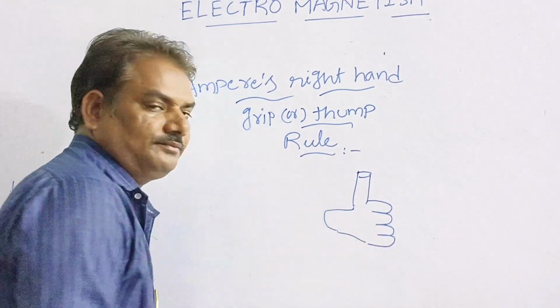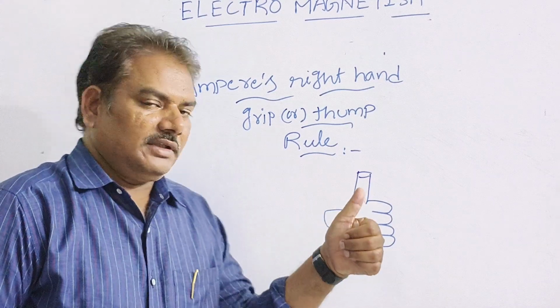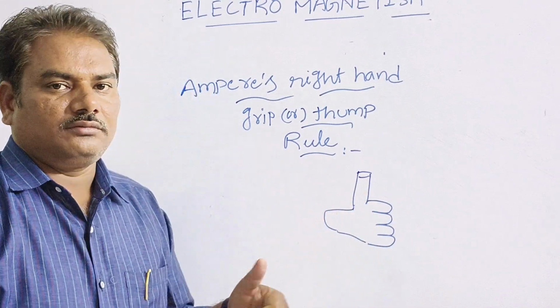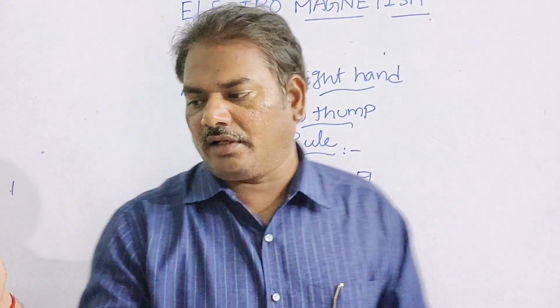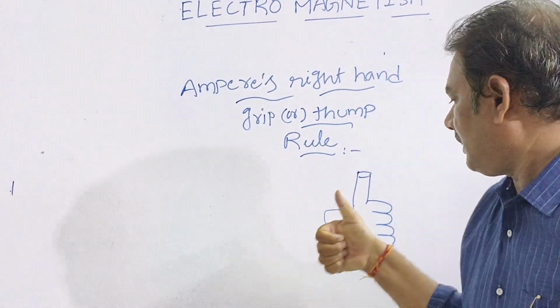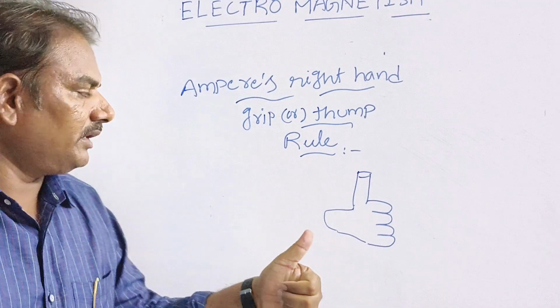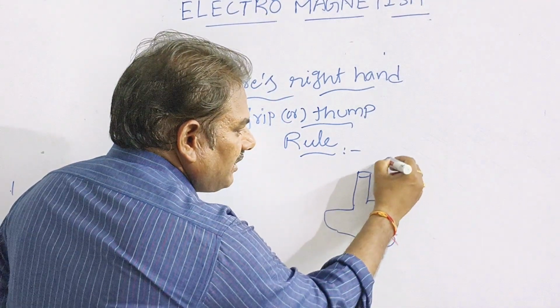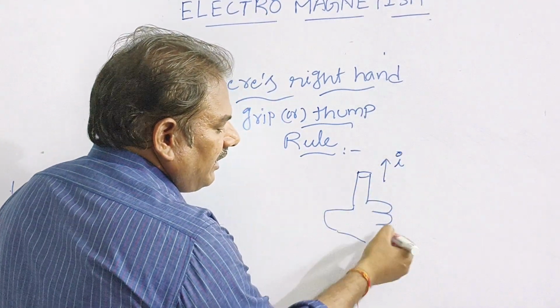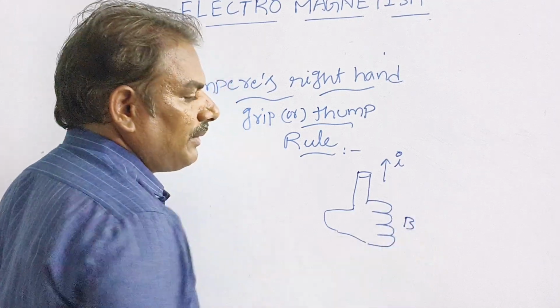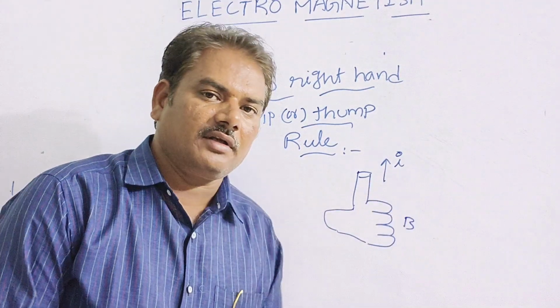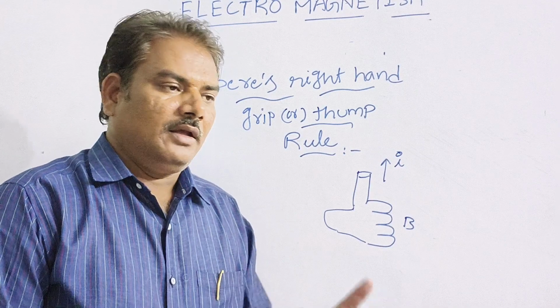So this is the right hand thumb rule. The thumb represents the current, and the remaining curling fingers represent the magnetic field. Both are perpendicular to each other, always.